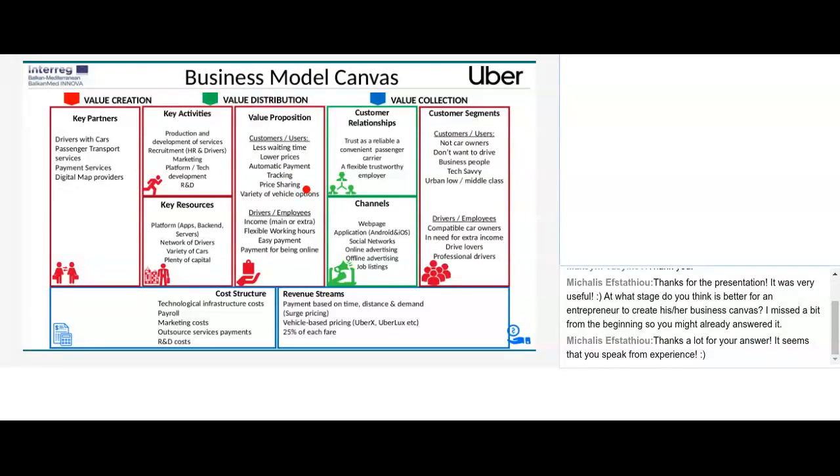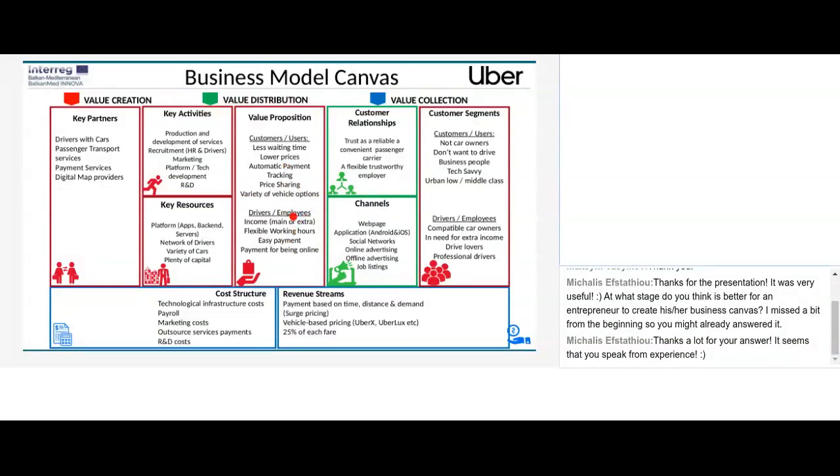The cab driver can't cheat on you. We have also price sharing, which is really important, and a variety of vehicle options through one specific service. You don't have to call a luxury service if you want to go in a Mercedes. You just have to use the application that you otherwise would have used.